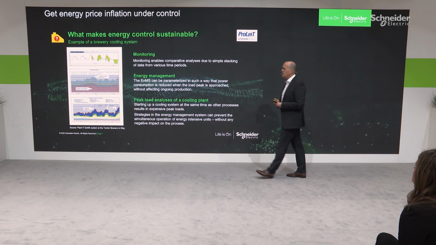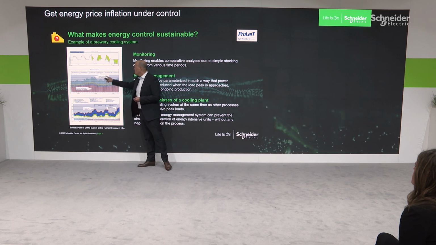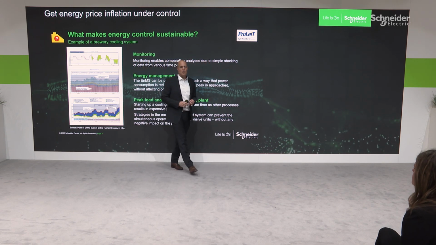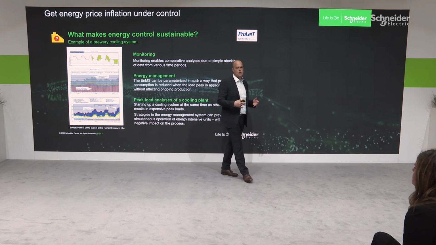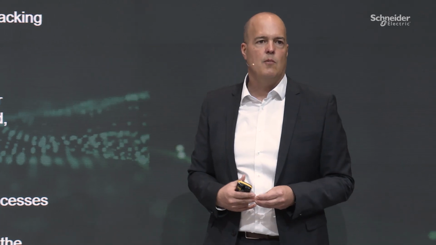So when we have a look at this example of the brewery cooling system, as you can see, you always have these high peaks, and the high peaks come from special processes which the plants are running. When we see the production sites, of course, most of them are running 7 days, 24 hours a week, but sometimes they have a starting point, so they're starting Sunday early in the afternoon to run up the machines.